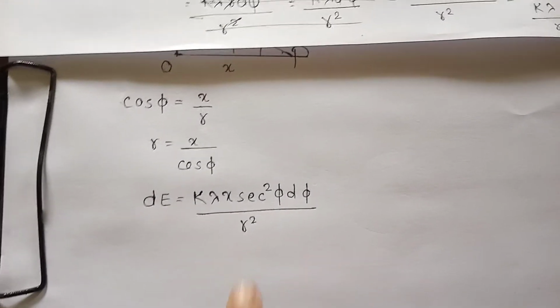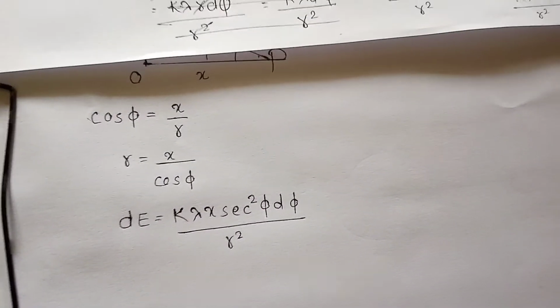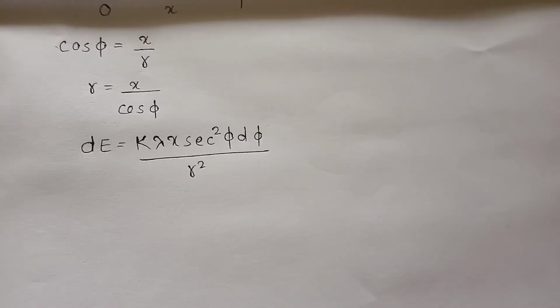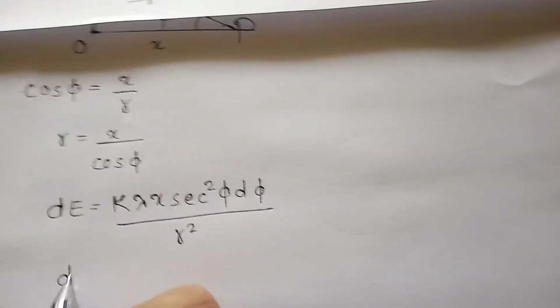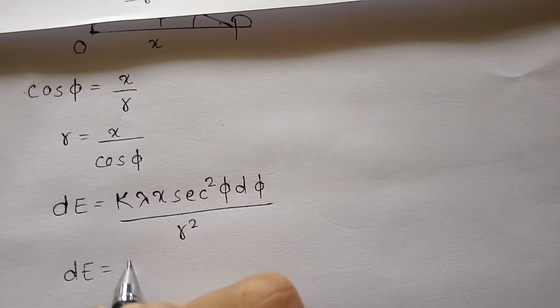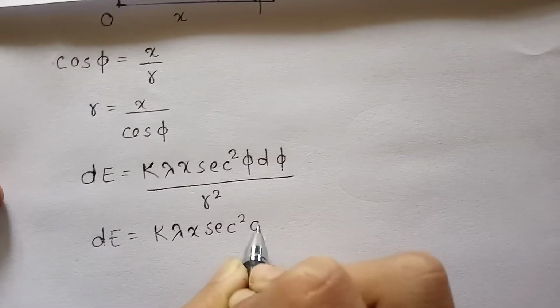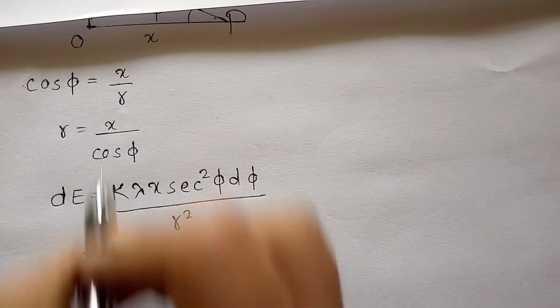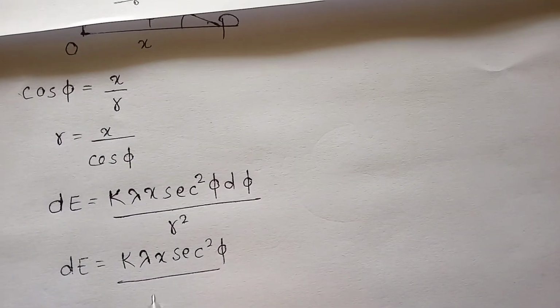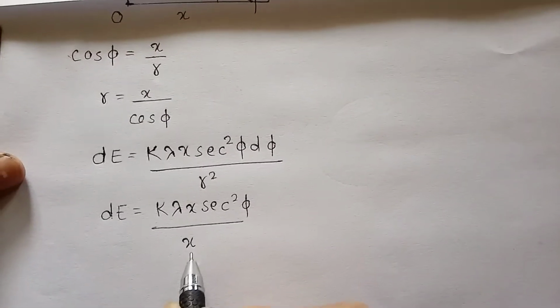Now we have found out the value of r, so we can write it down. dE is equal to k lambda x sec square phi upon, we can write x upon cos phi in place of r.